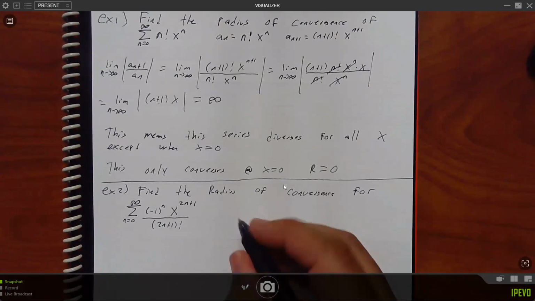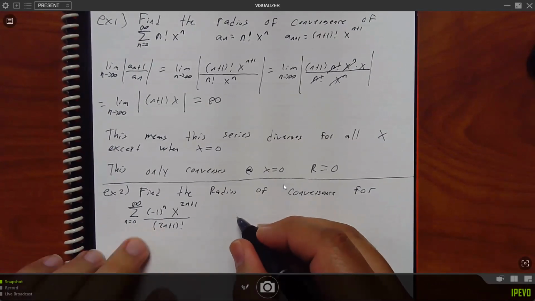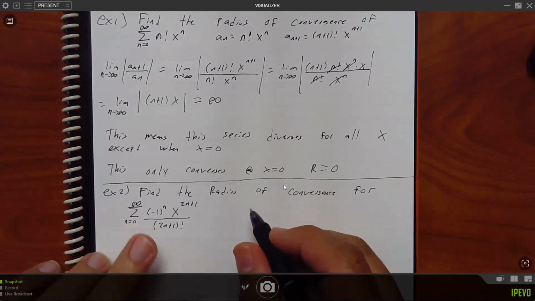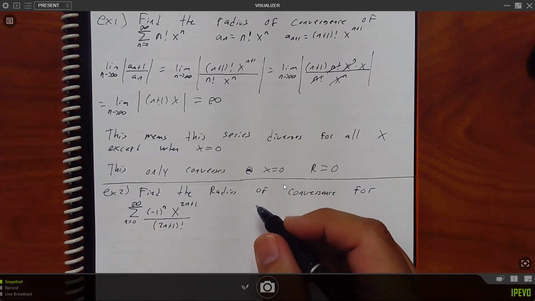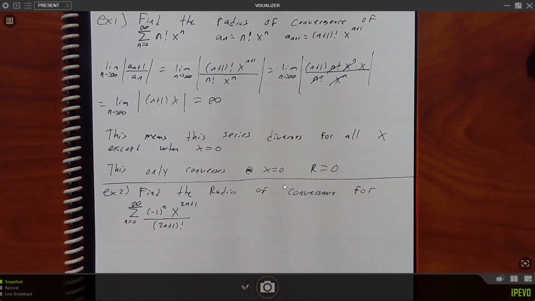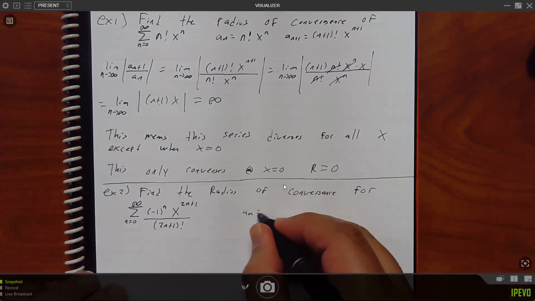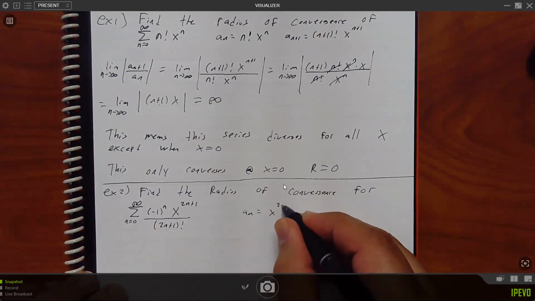Okay. So I'm going to ignore the alternating part because technically the ratio test has absolute values built in. So it's not a big deal to ignore it.